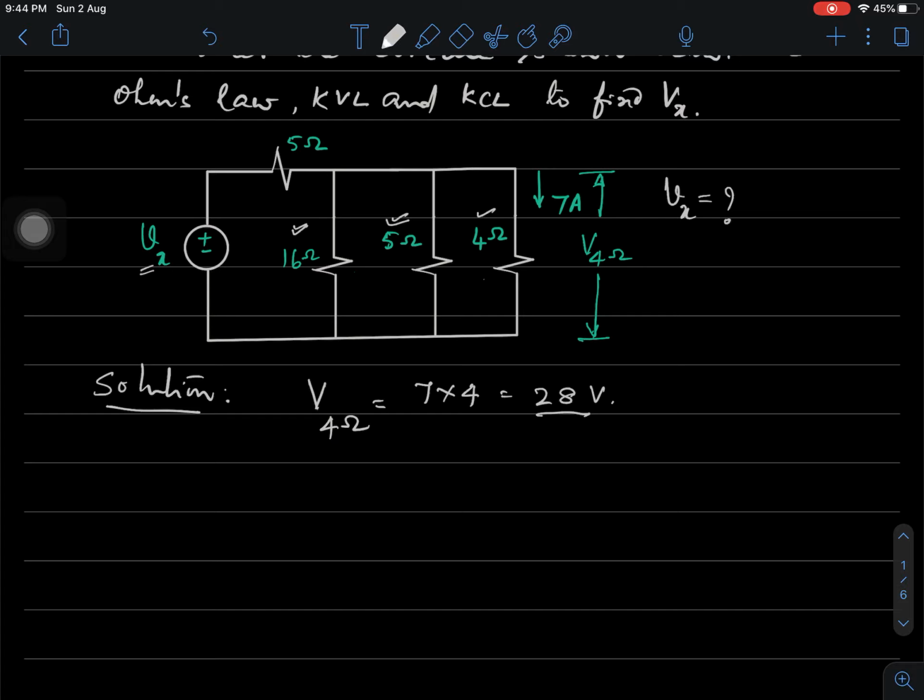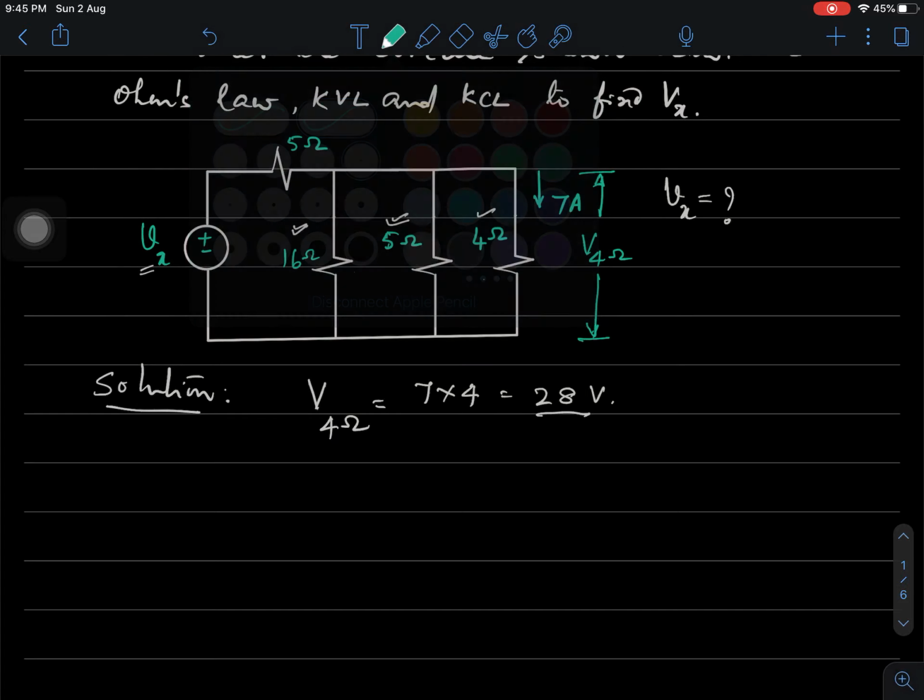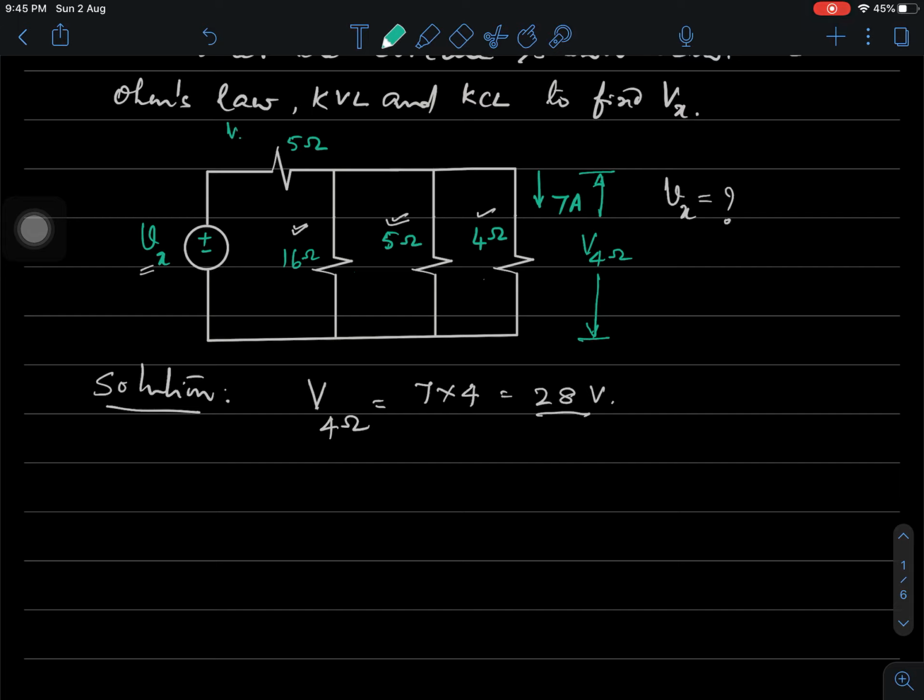Now in order to get the potential difference across the 5 ohm, that is here, let me say this is V5 ohm, we have to find the potential difference here. I need to know the current through this branch, only then I will be able to compute. So the question is, how much current is going to flow here?